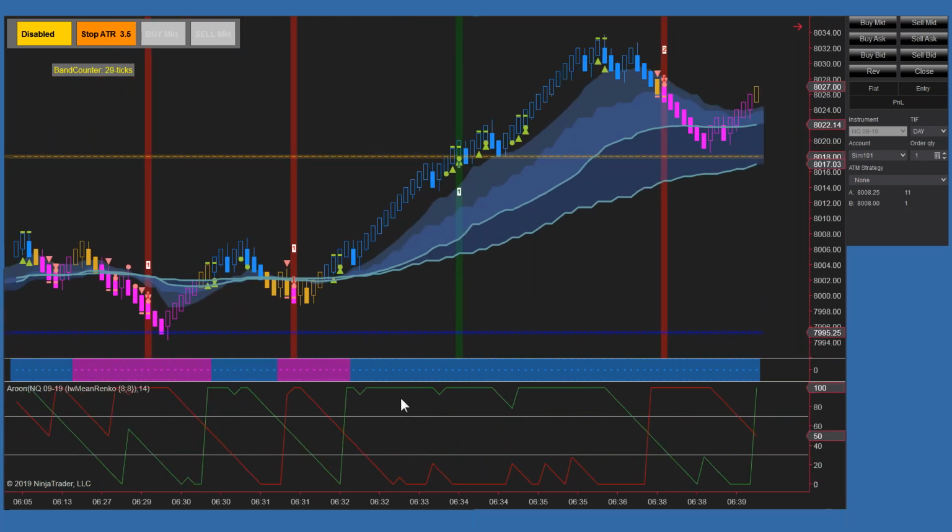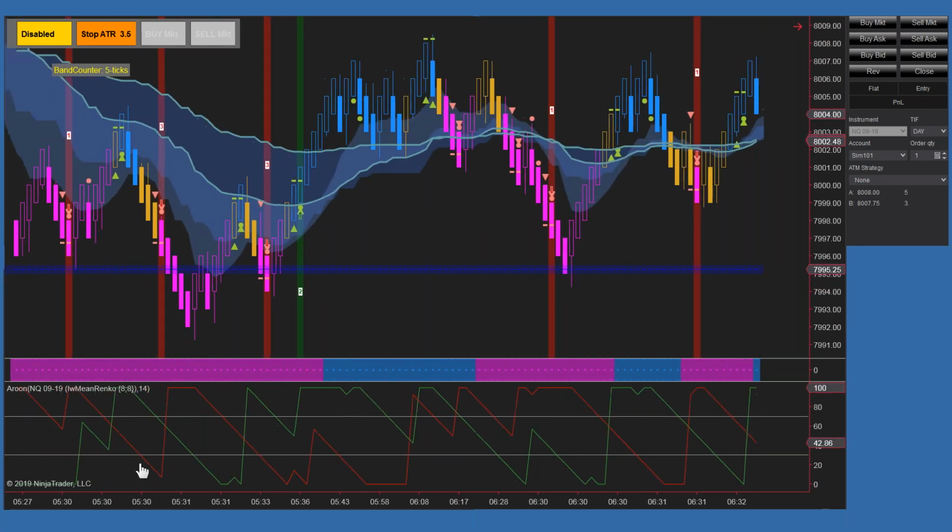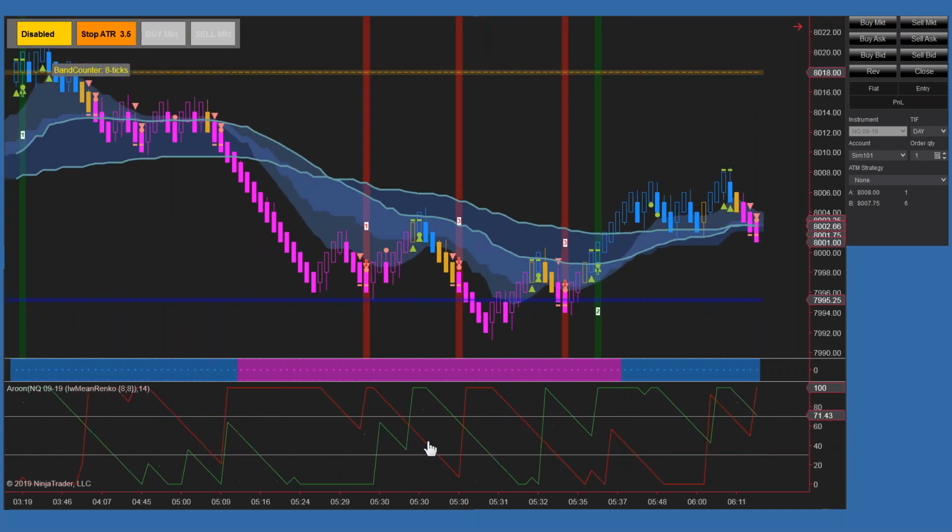This is interesting, though. With the faster settings, we do get those little hiccups. We do get those little zigzags developing. Let's see if we get any crossovers in the extreme zones.